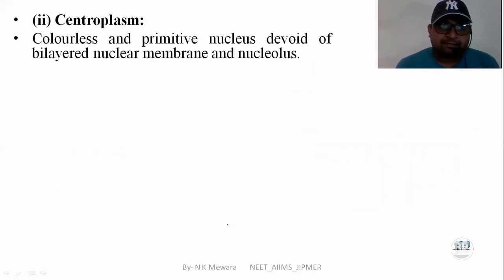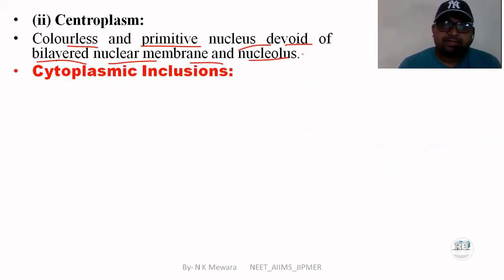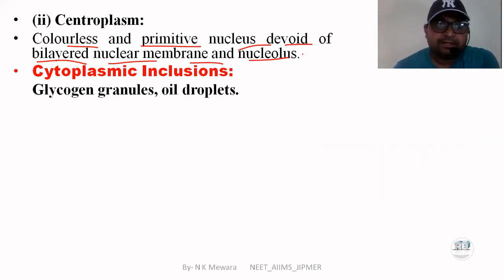Next, the centroplasma. The second part is the centroplasma. It is the central part, a colorless material with a primitive nucleus, devoid of a bilayered nuclear membrane. All of these are present in the cytoplasm. Which type of cytoplasmic inclusions are present here?